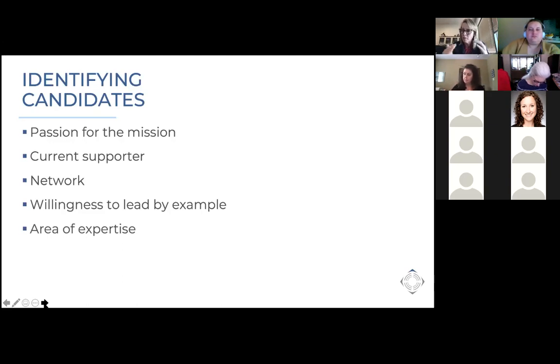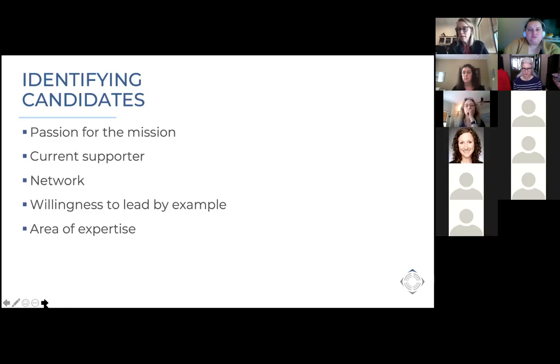A lot of times communications will fall under development in an organization. If you don't have paid staff or you've got limited paid staff or somebody's doing this part-time, you may want somebody on this committee that can really help supplement, looking at your messaging, your external communication, either helping you write some of it or just reading it and giving you feedback, something like that.